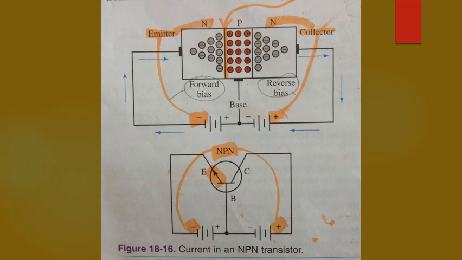However, the base is a very thin section of about 0.001 inch. Most of the electrons flow on through to the collector. This electron flow is aided by the low potential barrier of the second PN junction.